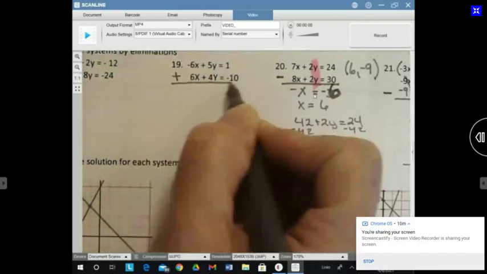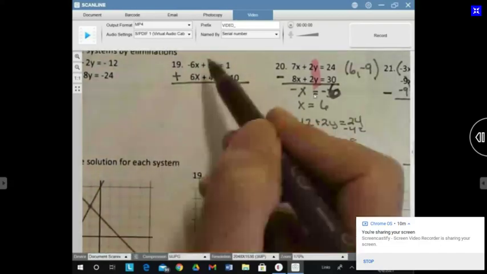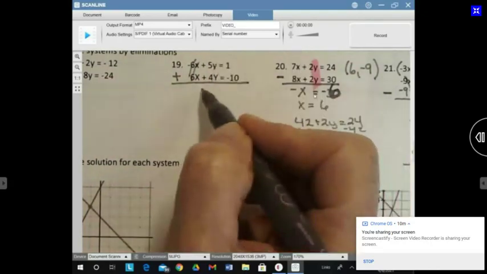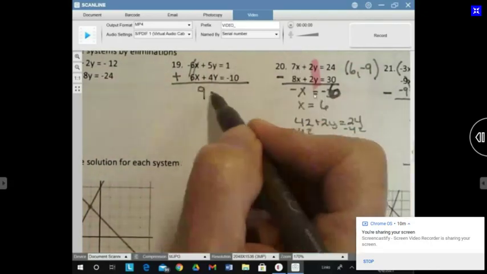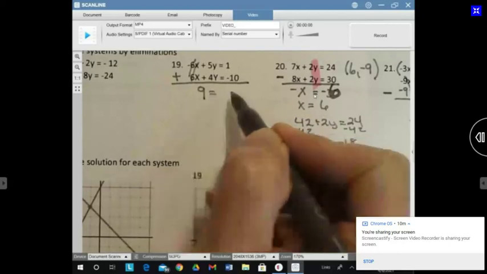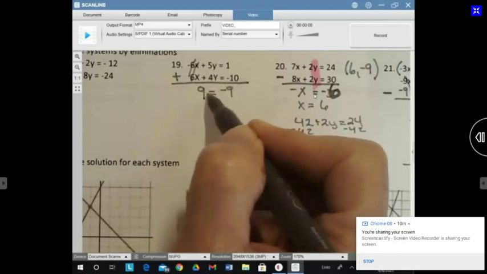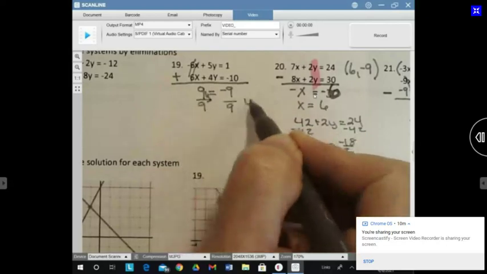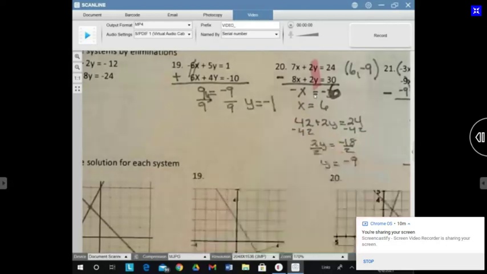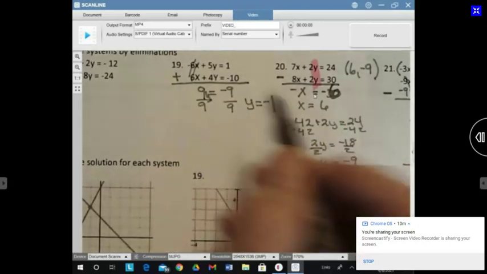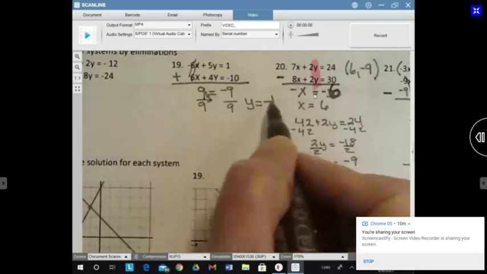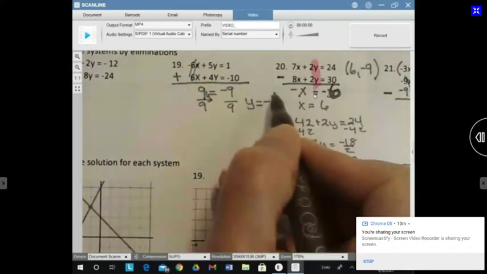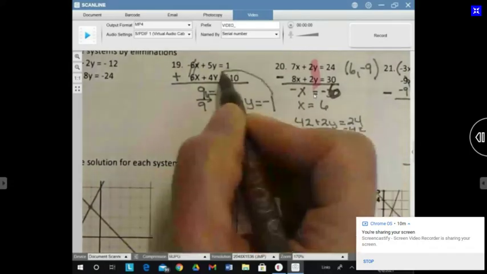Okay, so that's gone. 5 plus 4 gives me 1, plus negative 10 gives me, divide by 9. Okay, so I have negative 1 times that y. Here's where I got to plug it in. What's 4 times negative 1?